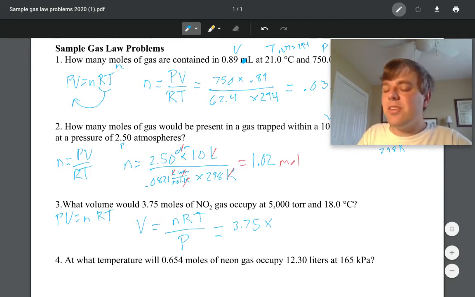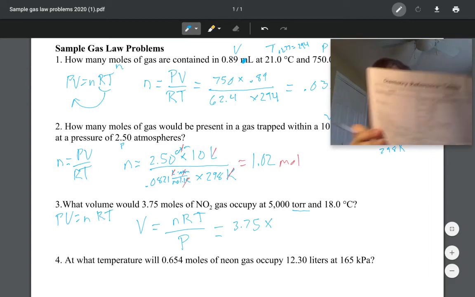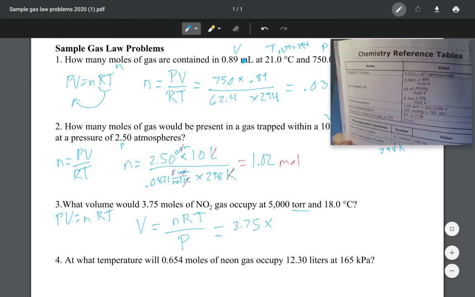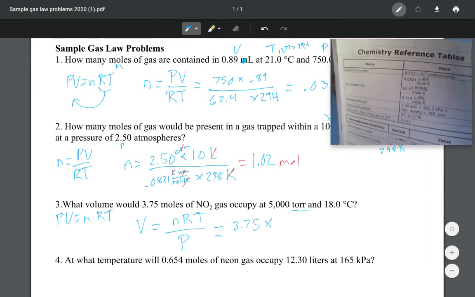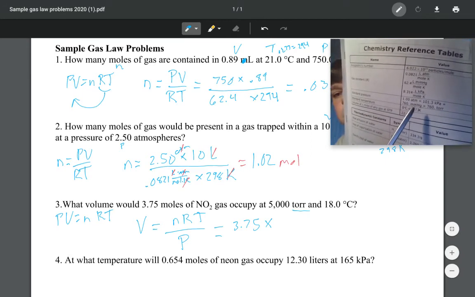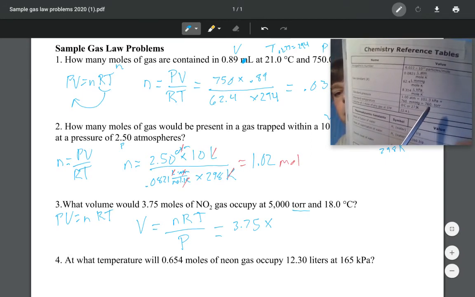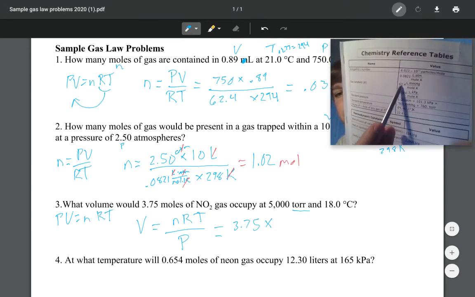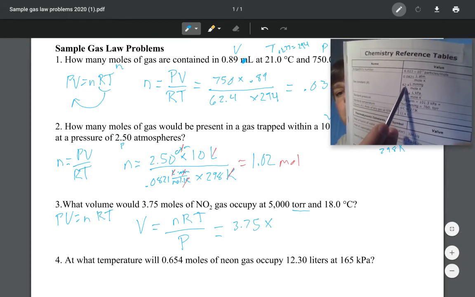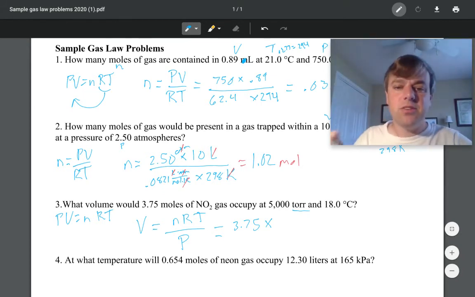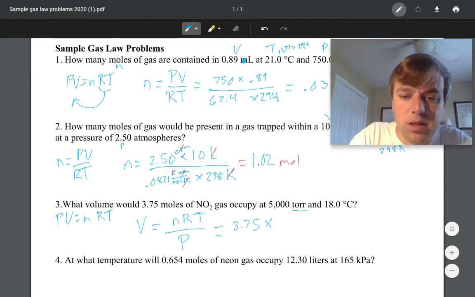Then we need a gas constant. Now our pressure is measured in torr, and there is no gas constant in torr. But if we remember that millimeters of mercury and torr are the same thing, then all we have to do is use the gas constant for millimeters of mercury. So we're going to use the 62.4.